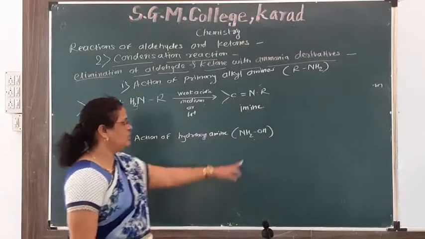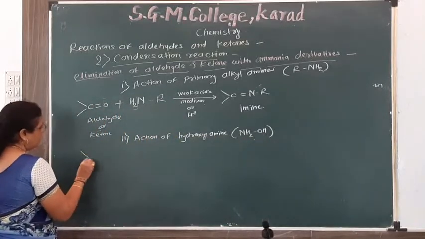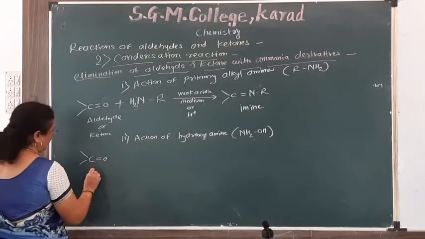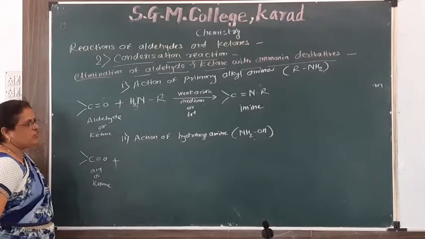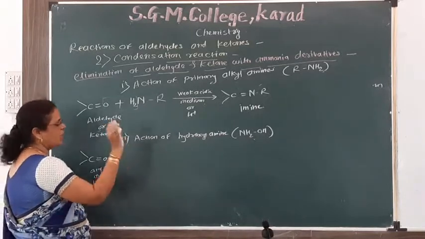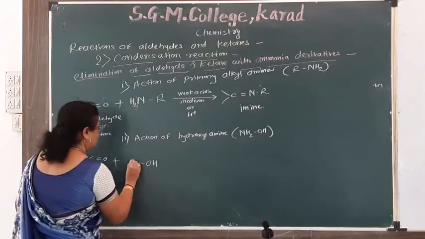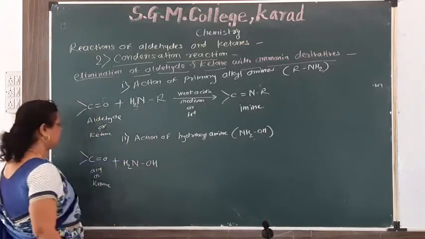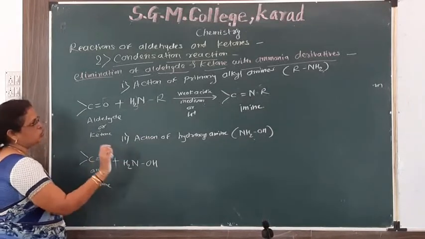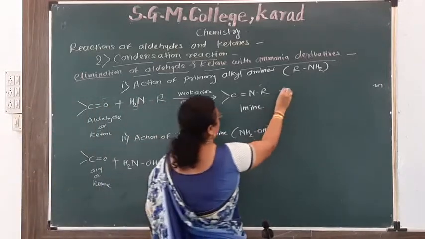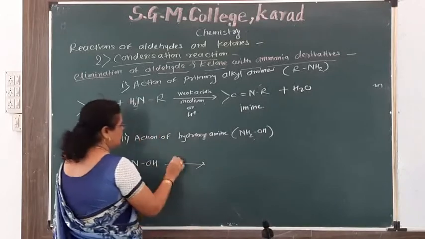This hydroxyl group, amine group, hydroxylamine. When aldehyde or ketone is treated with hydroxylamine, that is OH, NH2, this bond breaks. This H2 and O gives H2O molecule. Here also H2O. This reaction takes place in weak acidic medium.